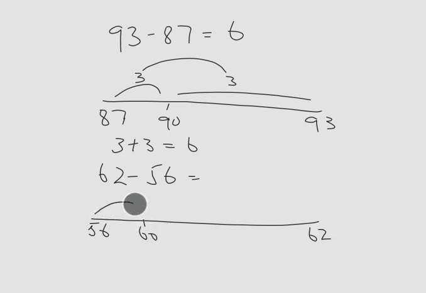So 57, 58, 59 and 60, the difference is 4. And from 60 to 62, the difference is 2. Again add these two numbers: 4 plus 2 is equal to 6. So 62 minus 56, the answer is 6.